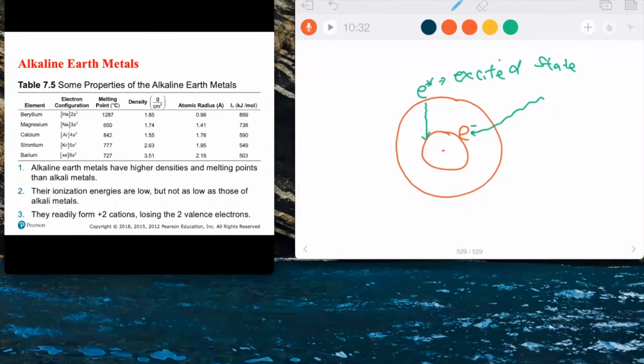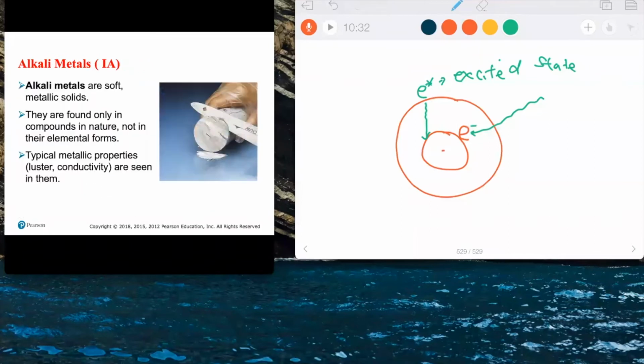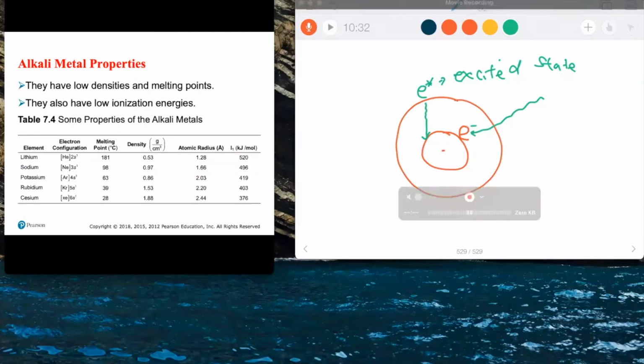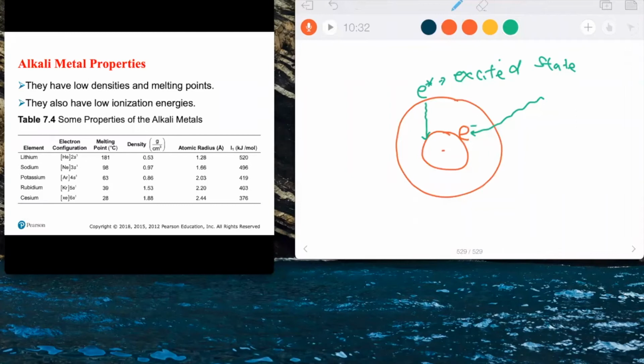Compared to group 1, if you look at the first ionization energy, 899, if we go back to group 1, the ionization energy is 521.